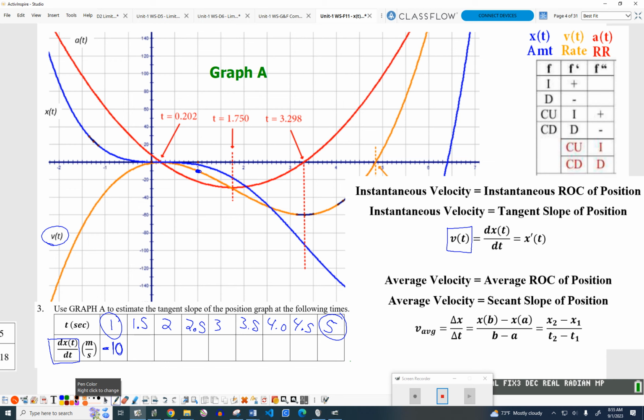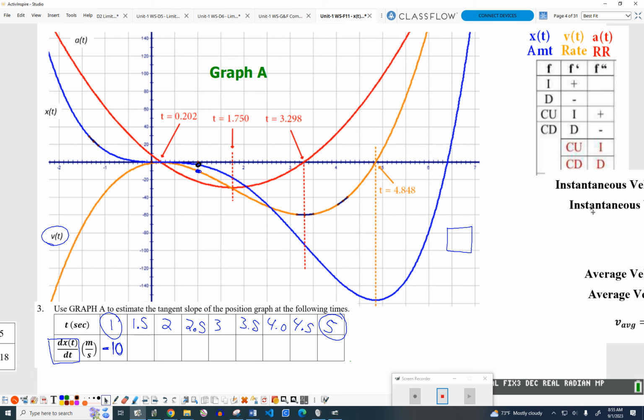We've said, if I find the slope of this black line, which I'm drawing on the position graph, so move this out of the way again. So I draw a secant line on the blue, like that. The slope of that line is my average velocity.